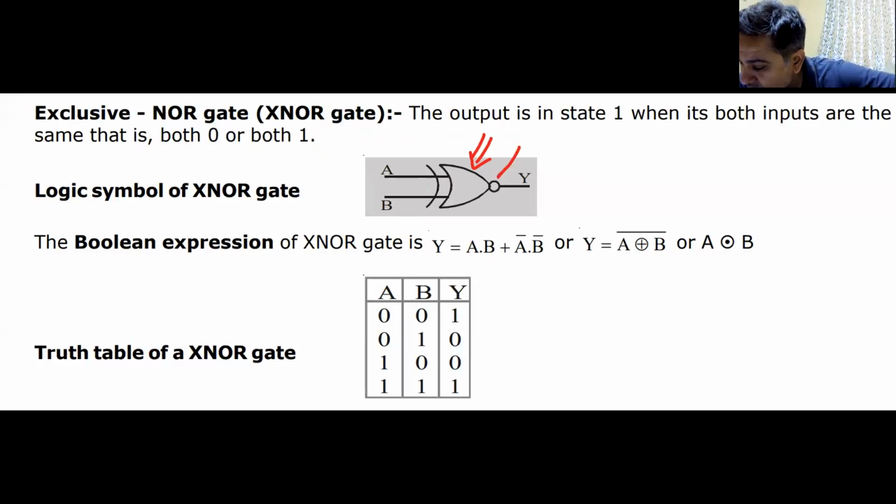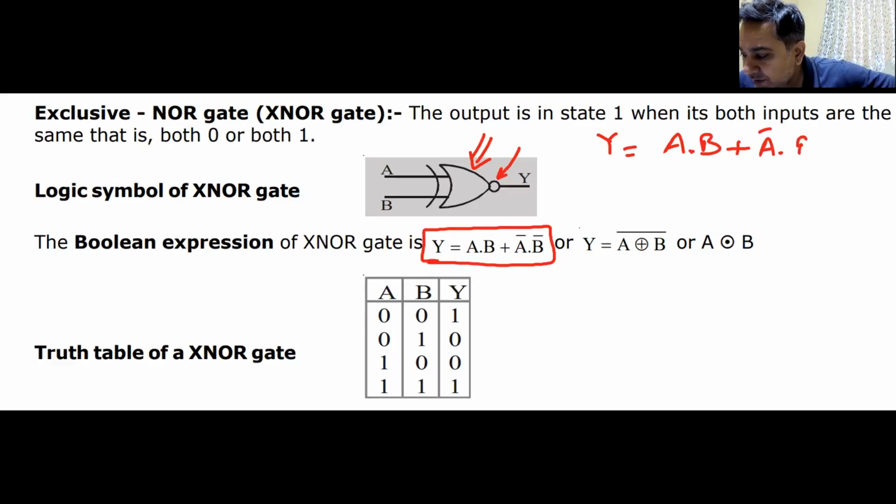And the Boolean expression is this entire thing: Y is equal to A into B plus A complement into B complement. Do we understand this?